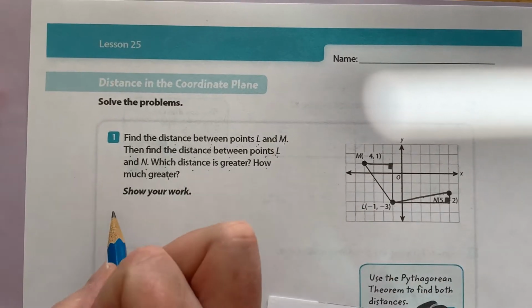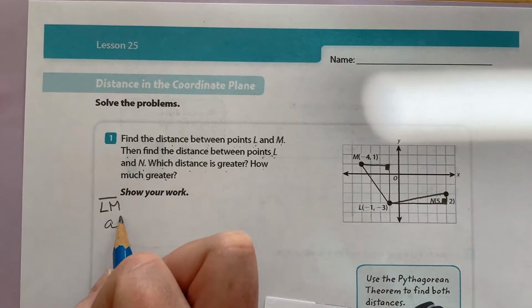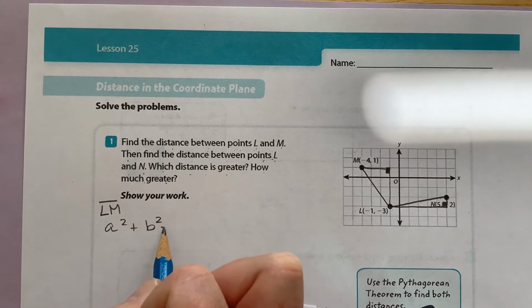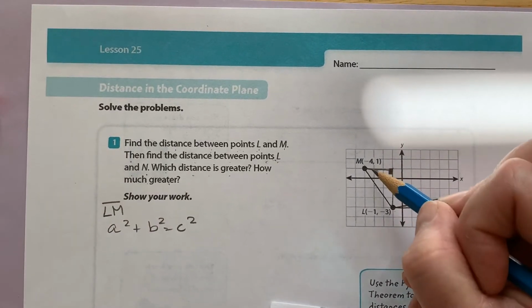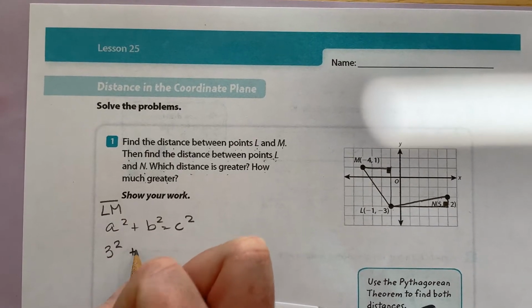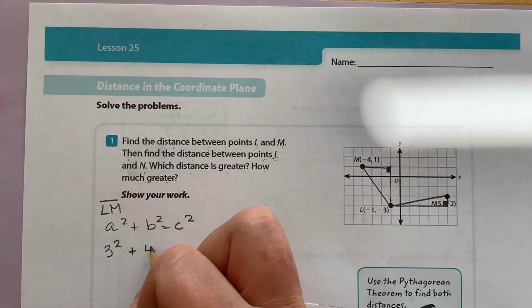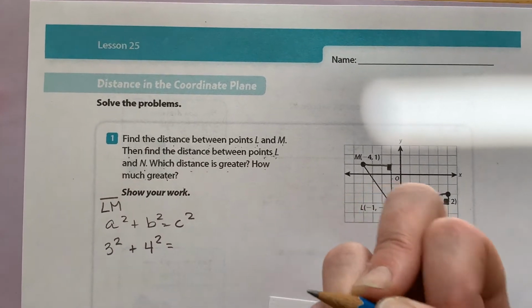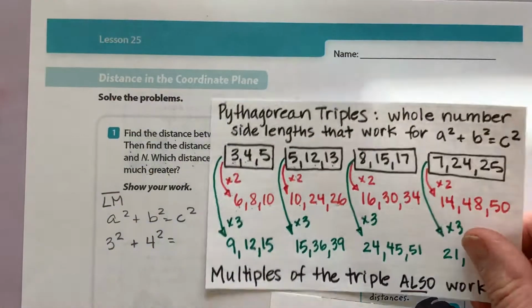The first one I'm going to try to do is the LM. Remember, that's going to be a squared plus b squared equals c squared. Let me count my legs. 1, 2, 3. And then I have 1, 2, 3, 4. I love when I see legs that are 3 and 4 because I get to go to my Pythagorean triples.